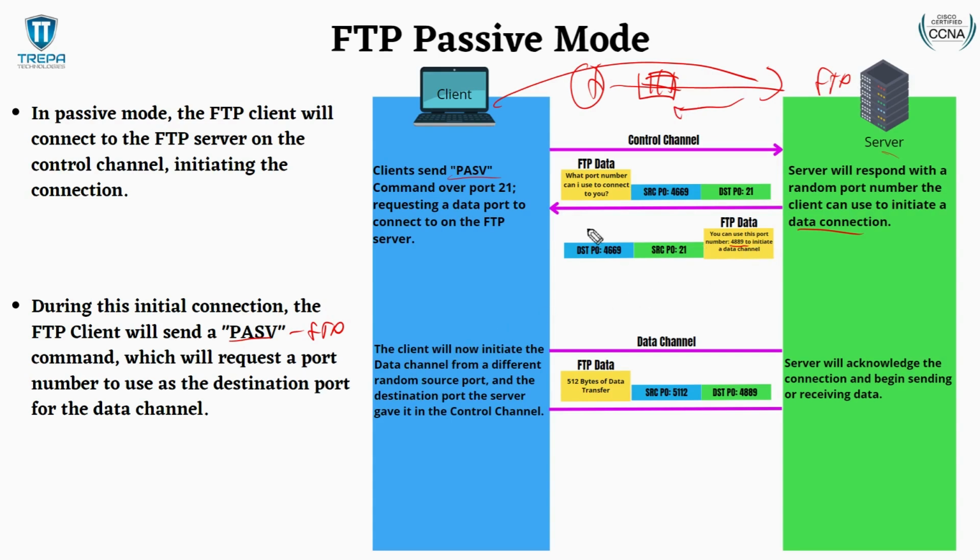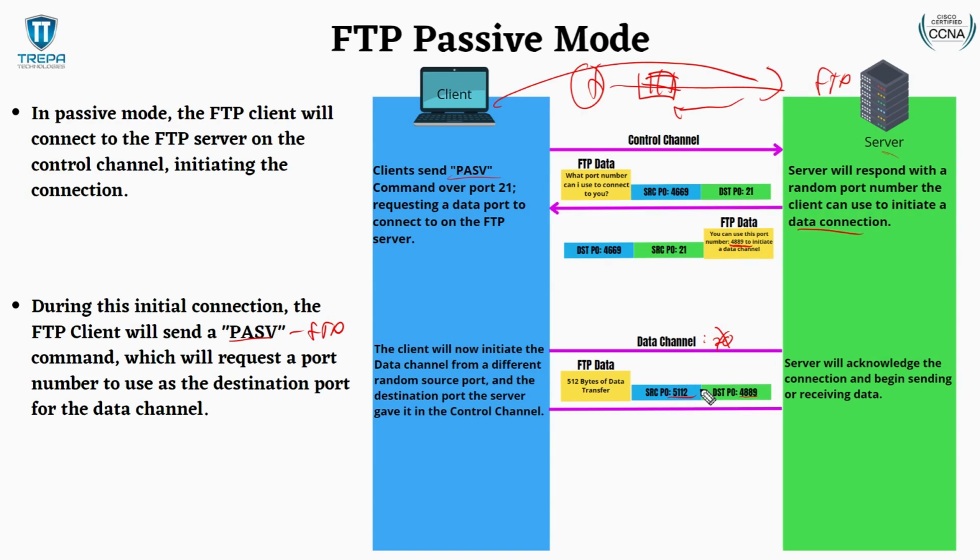So now that our PASV command has been responded to, we know that when we make that data connection, we're not going to use the typical port 20. We're going to use the destination port 4889. And then our source port, again, is just going to be an ephemeral port that we make up.